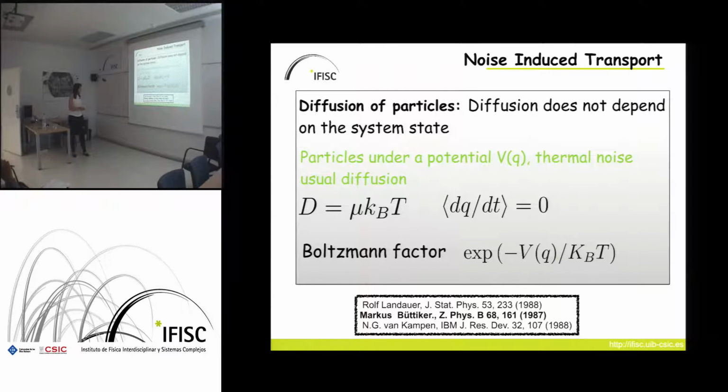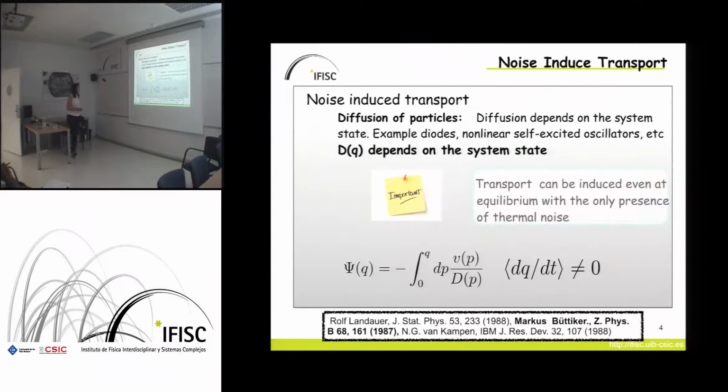But now you can include a diffusion that depends on the state of the system, because there is some feedback, some noise, etc. Under some conditions, because of this state-dependent diffusion, you can induce some particle current even at equilibrium.